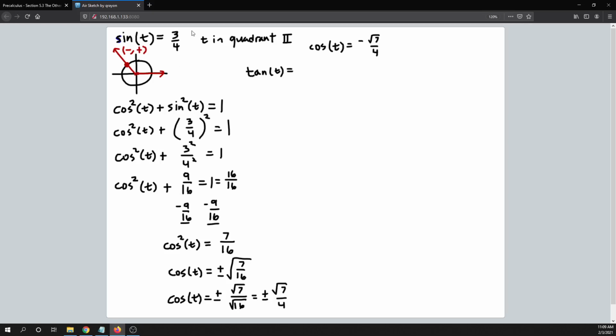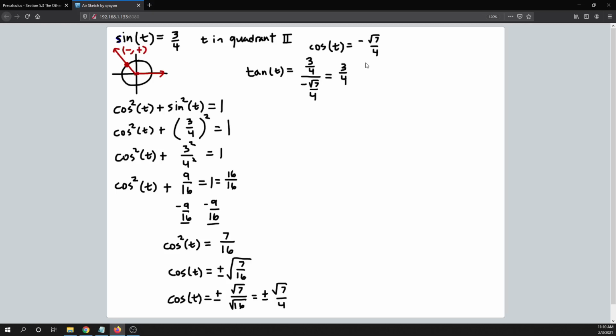Remember that one's going to be sine over cosine, right? Remember, we defined it originally as y over x, but the y would be the sine, right? Cosine would be the x. So you can think about that in a couple of ways.